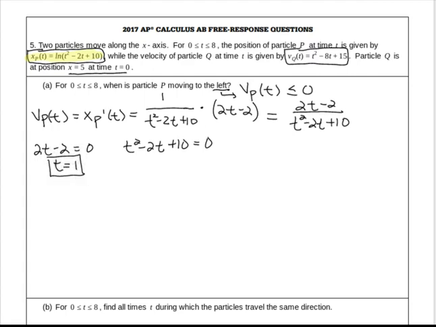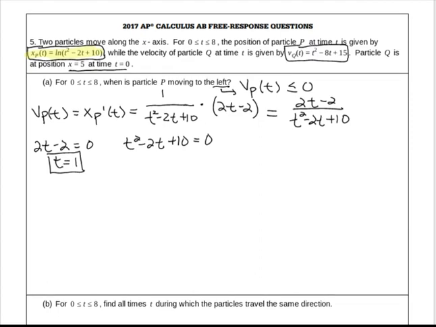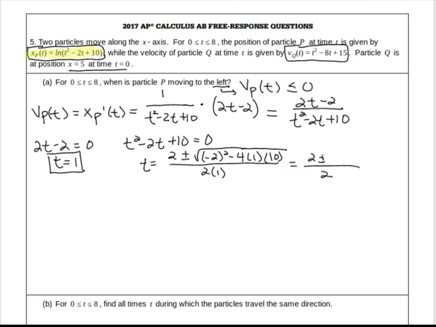And then for this second piece here, for the denominator, we would try to factor it first. But when we look at that, we can't factor it. So if we were to try and maybe do some quadratic formula, we would have 2 plus or minus the square root of negative 2 squared minus 4 times 1 times 10 all over 2 times 1. And really, we're going to end up getting on the inside here a negative number, right?